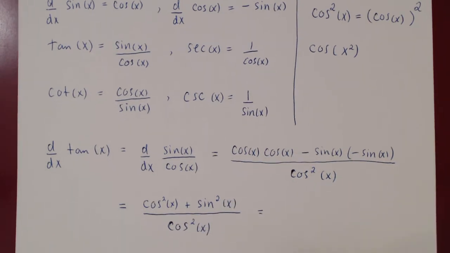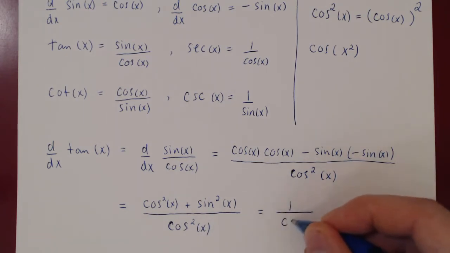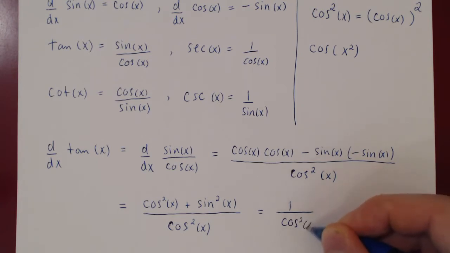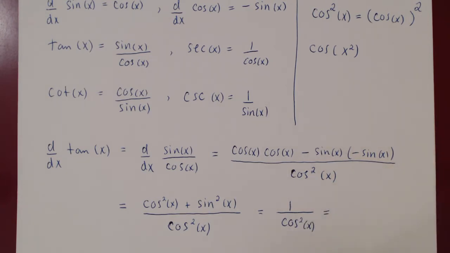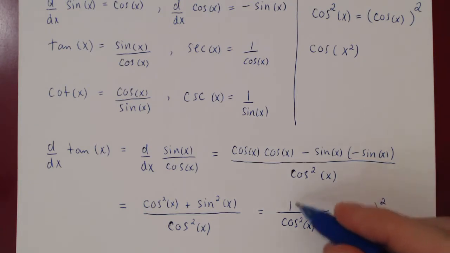And if you remember my Pythagoras' theorem, sine squared of x plus cos squared of x for any x is equal to 1. So we have 1 over cos squared of x. But we can write this as 1 over cos all squared, because if you square 1, you get 1.